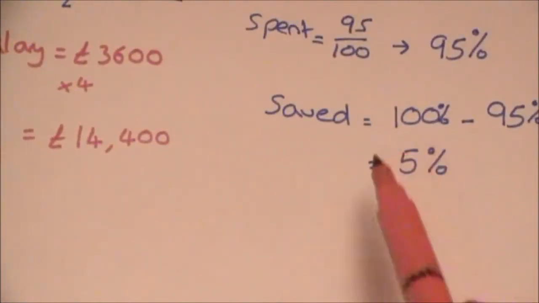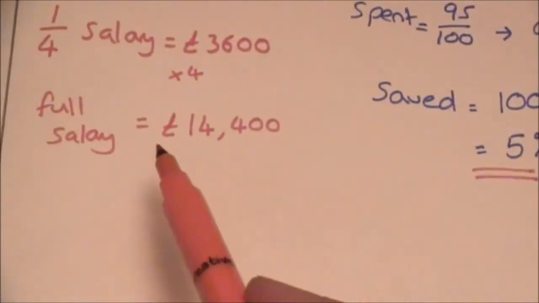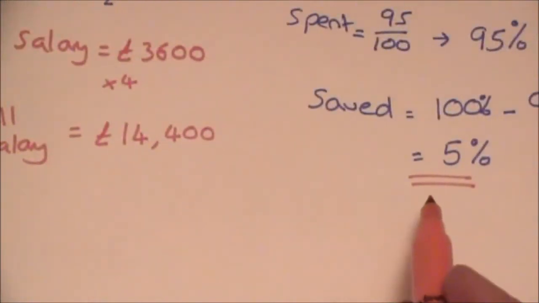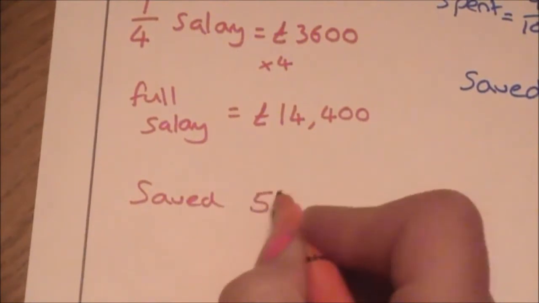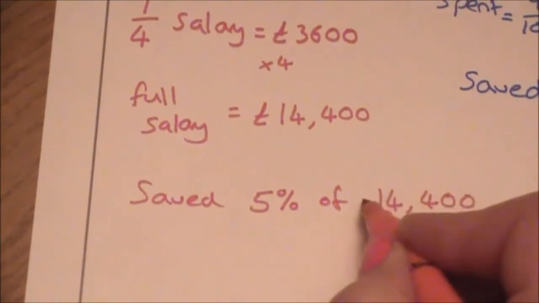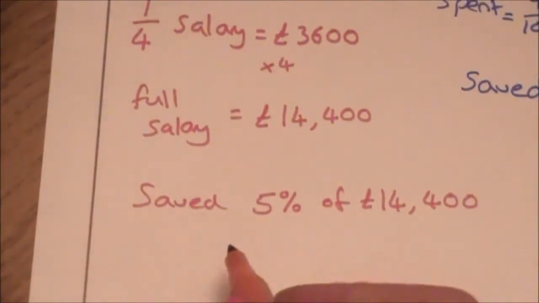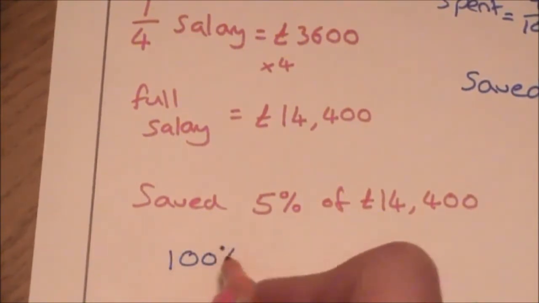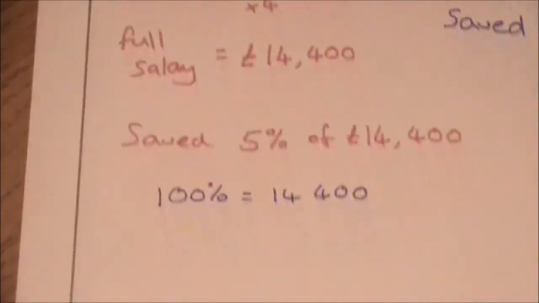Now comes the tying together bit at the end. I know that he saved 5% of his salary, and I know that his salary is £14,400. So I ultimately need to find that he saved 5% of £14,400. Now, in order to get to 5%, I need to go via 10%. So I know 100% is 14,400.